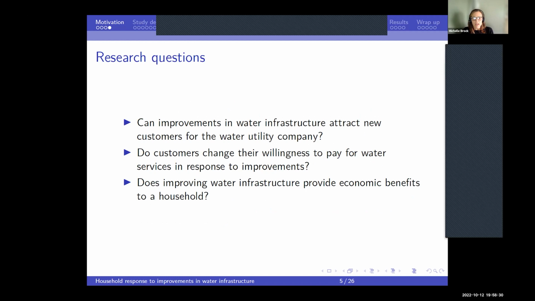So the main research questions are, can improvements in water infrastructure attract new customers for the water utility company? So you take this deteriorating infrastructure, you make some improvements, does that attract customers? Do they also change their willingness to pay for water services in response to improvements? Willingness to pay is a known issue in water services globally, in more developed and less developed countries alike.